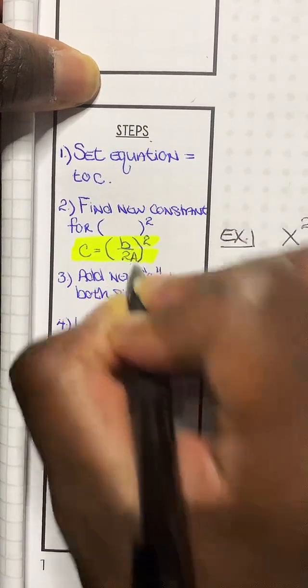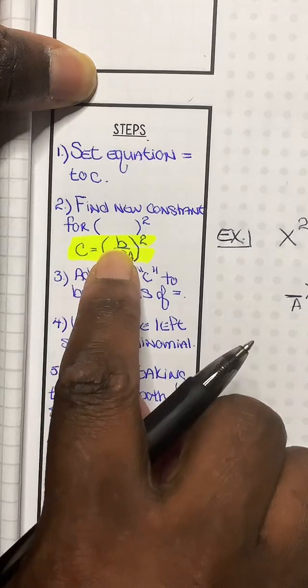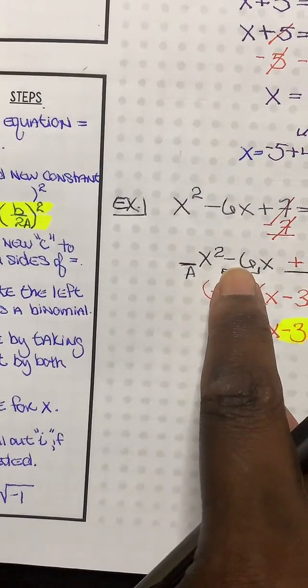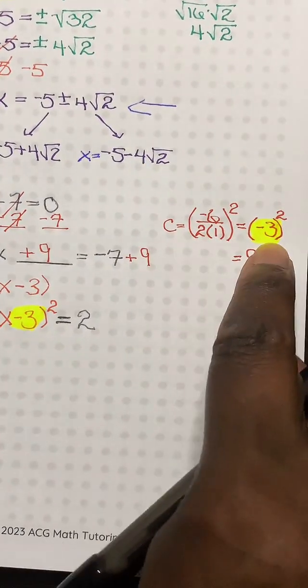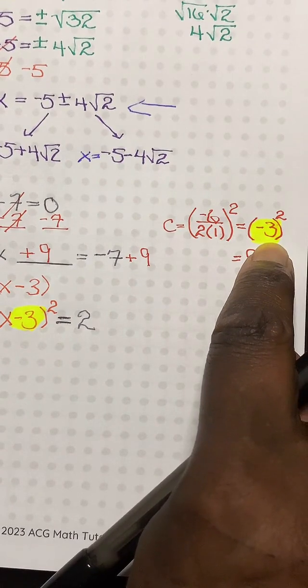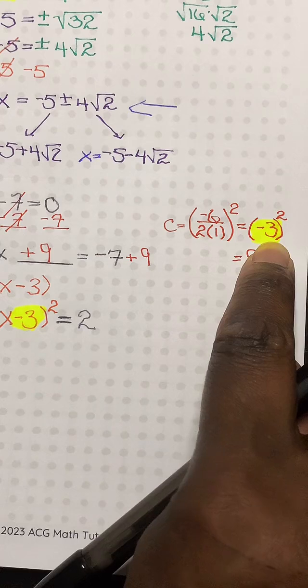Forgot about the A. Okay? And since your A is 1, it's wherever your B is, which is -6, divided by 2. -6 divided by 2, that's where the -3 comes from.